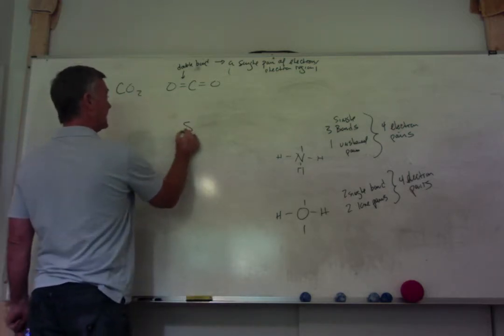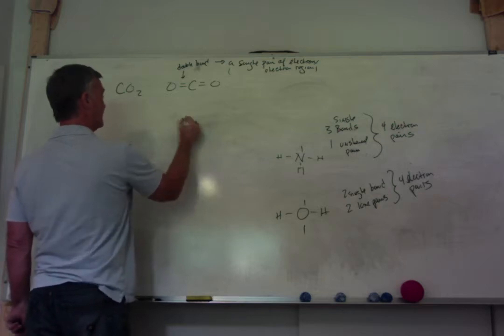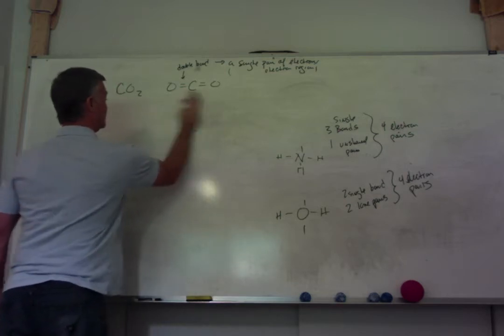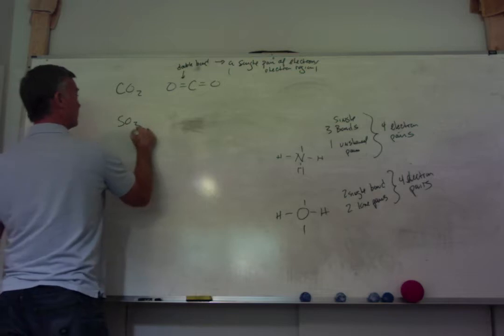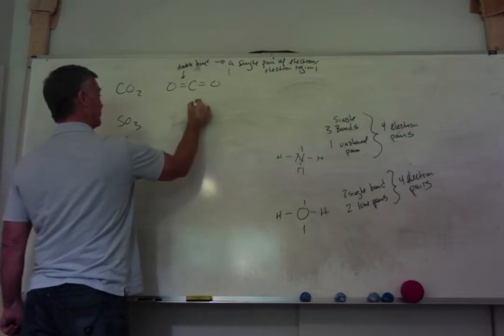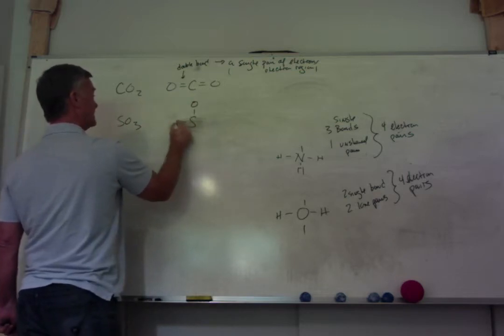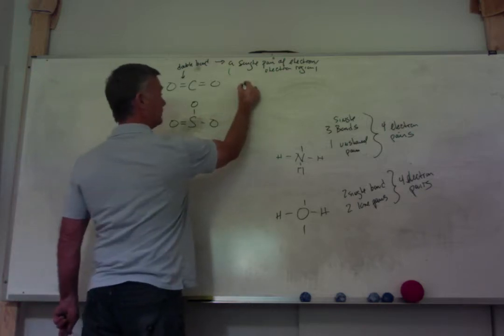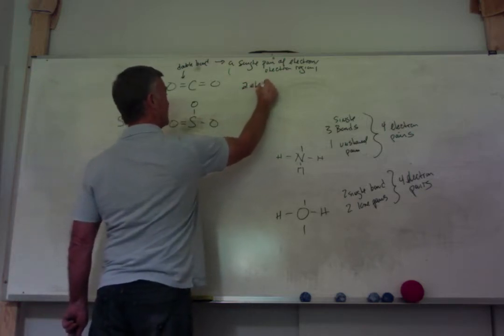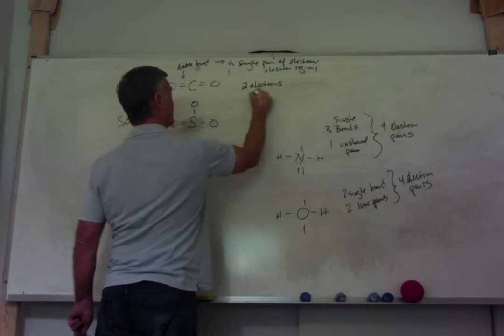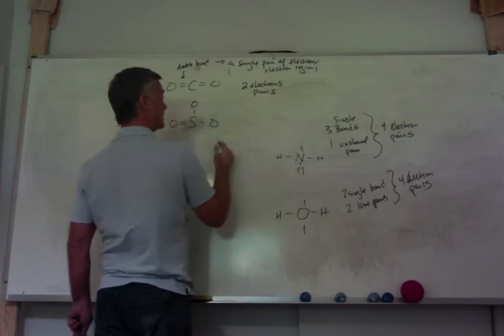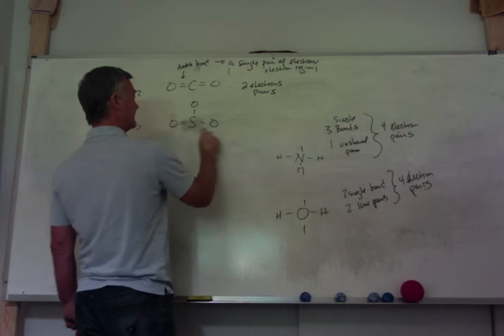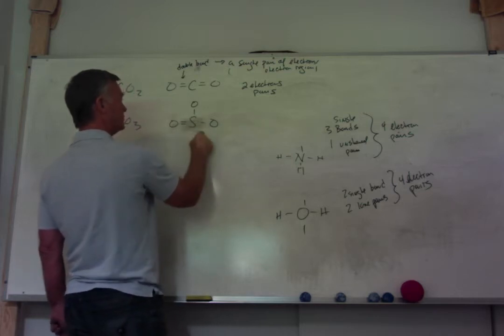Here's another one. If I had sulfur trioxide, SO3, do that over here, SO3. That gives you sulfur with a single bond, a double bond, and a single bond. This has 1 double bond, 2 single bonds.